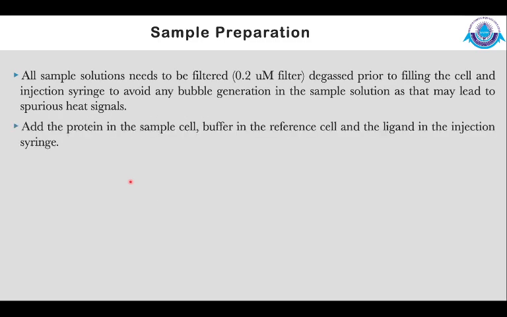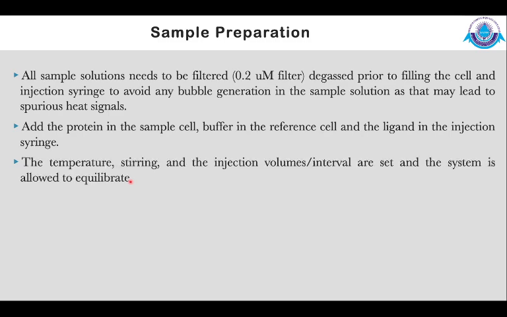Then we add the protein, as I said earlier, in the sample cell, buffer in the reference cell, and the ligand in the injection syringe. Then we set a specific temperature and a stirring rate, that is RPM. We typically measure at 25 degrees C, and the stirring is maintained at 200 RPM. The inhibitor syringe is about 50 microliters.